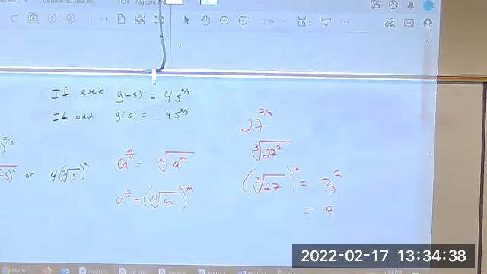So let's see. If I do this one, there's a 4 on the outside. When I square a negative s times a negative s, that's a positive s to the 2nd because of squaring the negative. So it's going to be positive s to the 2nd.